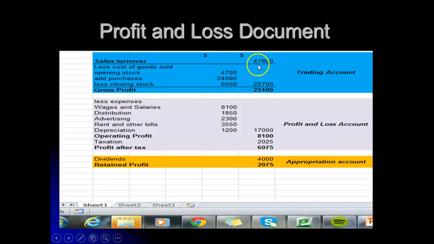So they credited 47,800 in revenue, and what they sold cost them 27,700 in costs, and that's given them a very important figure, a gross profit figure of 20,100. What is significant here particularly is that this is called the trading account, and these costs only refer to the costs of making the good or the service.